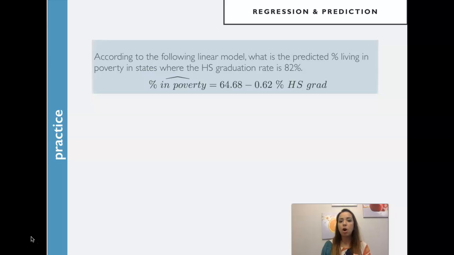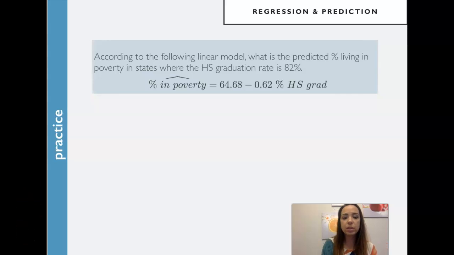And then we moved on to discuss regression analysis, which is a step further in describing the relationship between two variables, because it literally is modeling now the relationship using a line, where with the equation of a line in hand, we can actually say by how much we can expect poverty to change given changes in high school graduation.